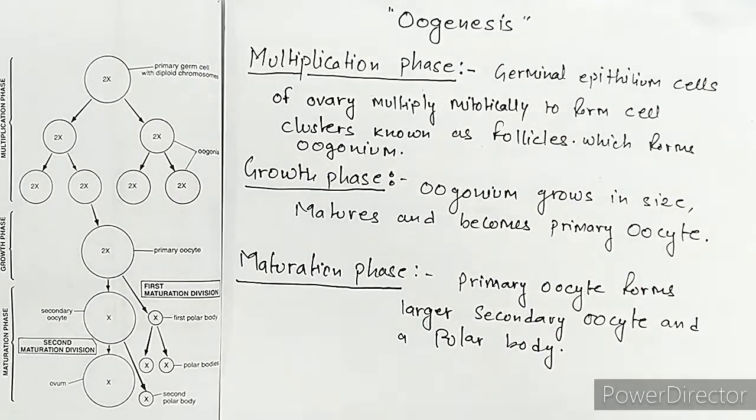In spermatogenesis, the germinal epithelium cells of the testis, which is present in the seminiferous tubules, take part, but in the female, the germinal epithelium cells of the ovary take part in this process of formation of gametes. And these diagrams are very important to understand, and it makes it easier for us to understand.